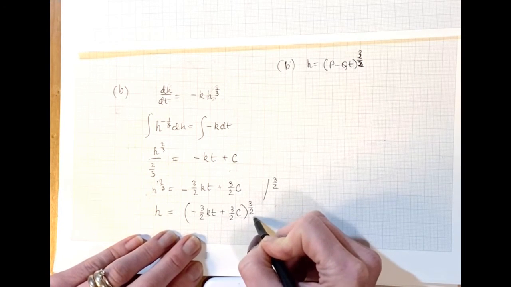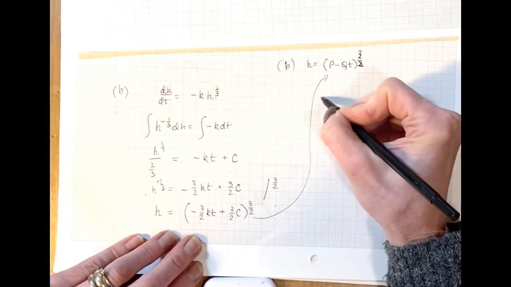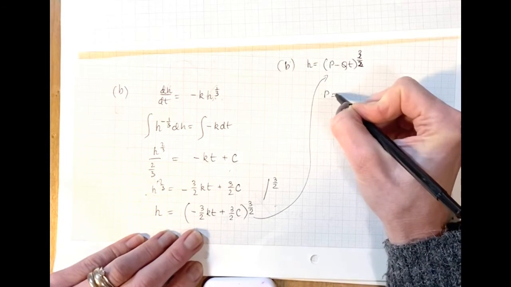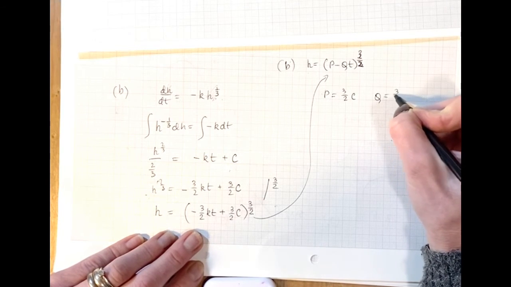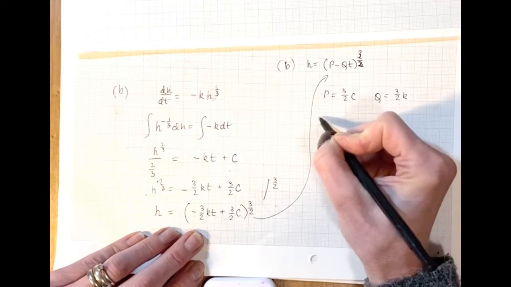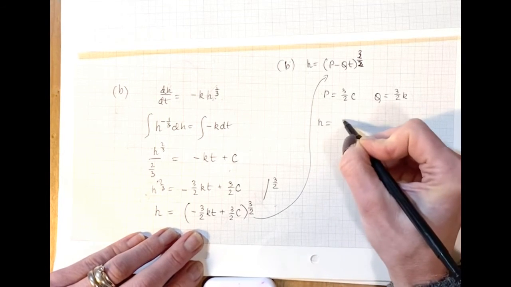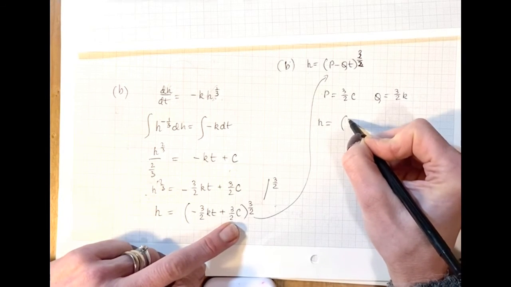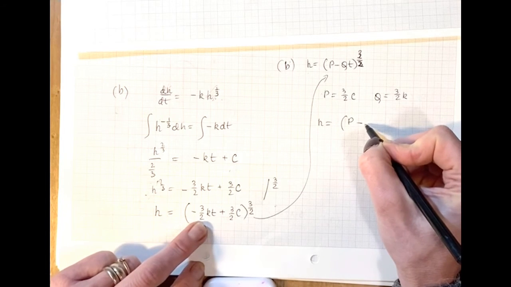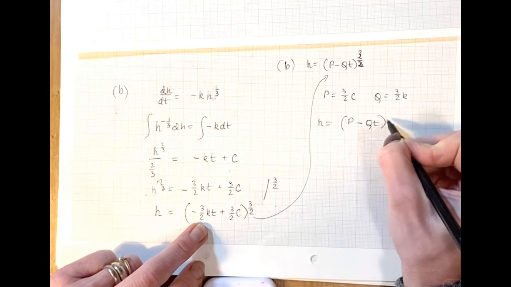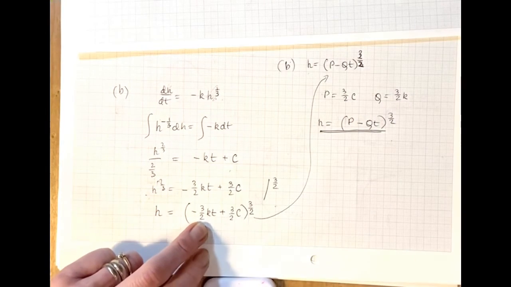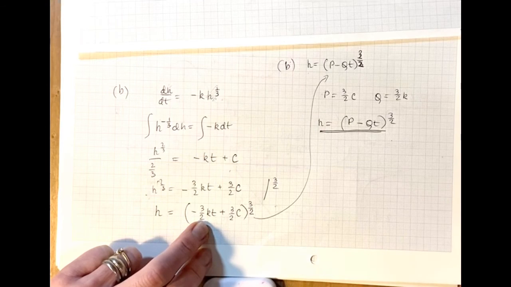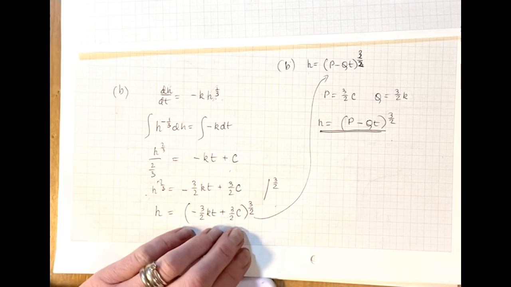So now if you compare this with this, we'll have p equal to 3 over 2 c and q equal to 3 over 2 k, original k. Not that it matters, because in general it is some constant, which is p, minus another constant, lots of t in brackets to the power of 3 over 2. Again, as required.